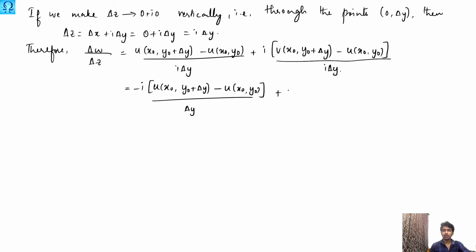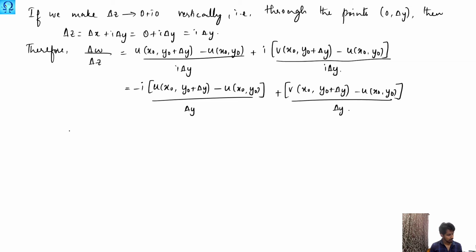Here the iota and iota get cancelled, so v of x naught comma y naught plus delta y minus u of x naught y naught upon delta y.